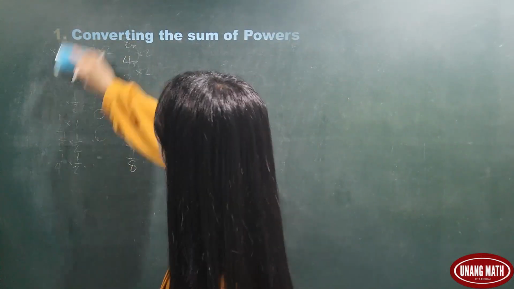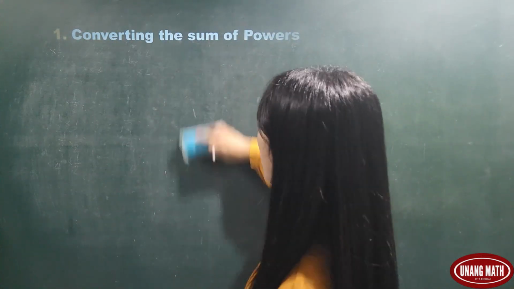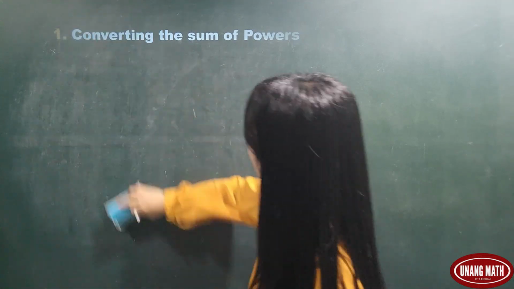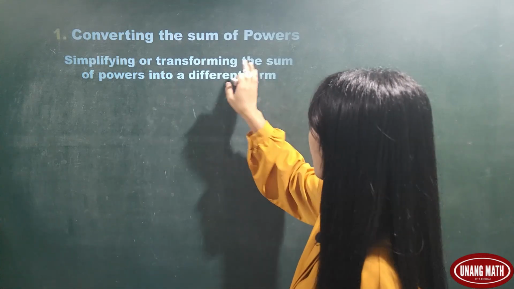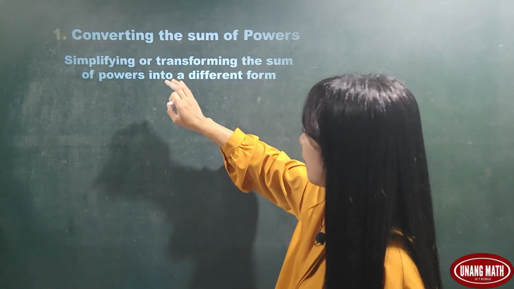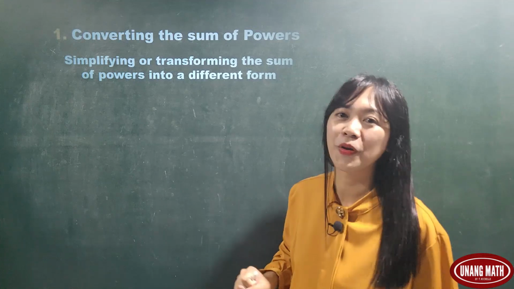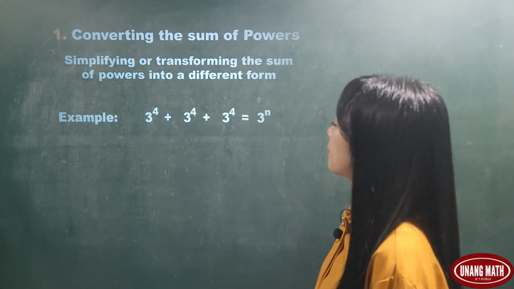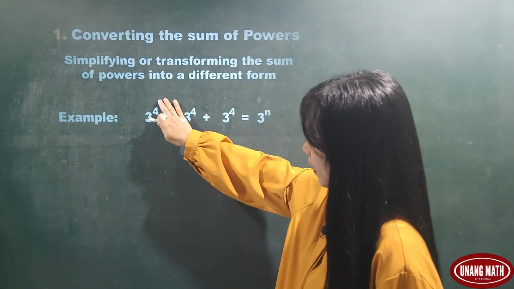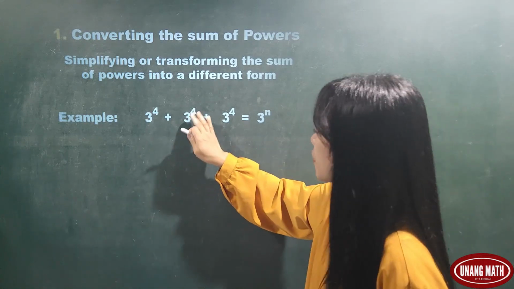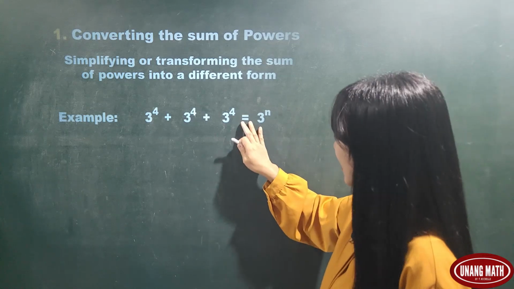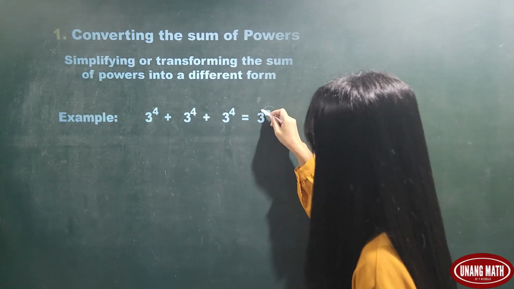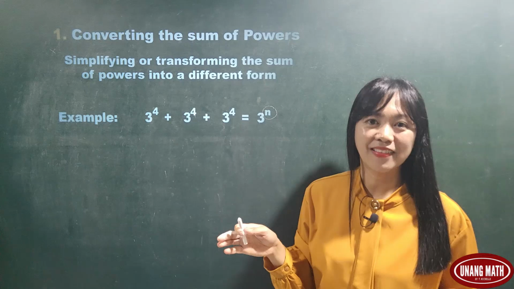And this is about converting the sum of powers. When we say converting the sum of powers, we will simplify or transform the sum of powers into a different form. Let's give an example. We have here 3 raised to the power of 4 plus 3 raised to the power of 4 plus 3 raised to the power of 4. This is equal to 3 and what will be our exponent?